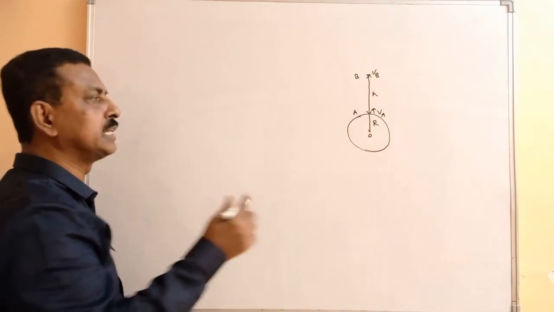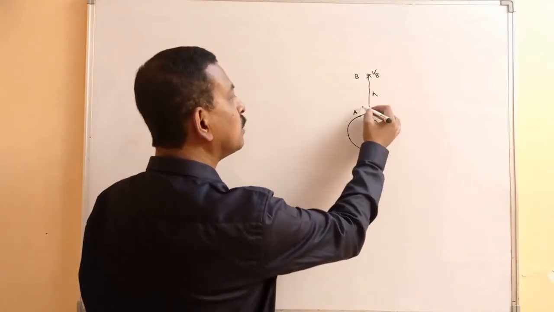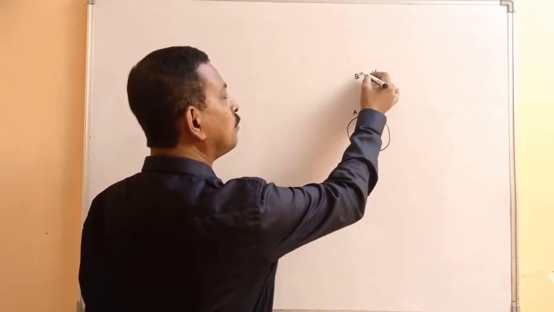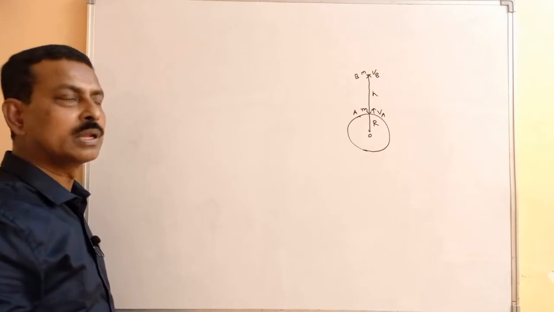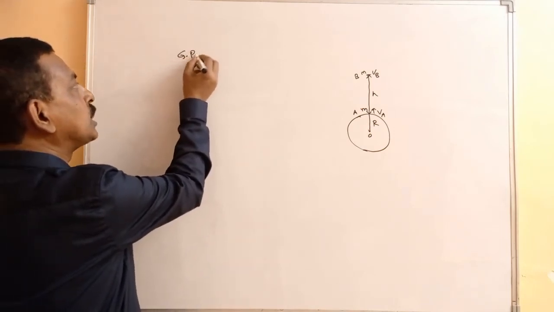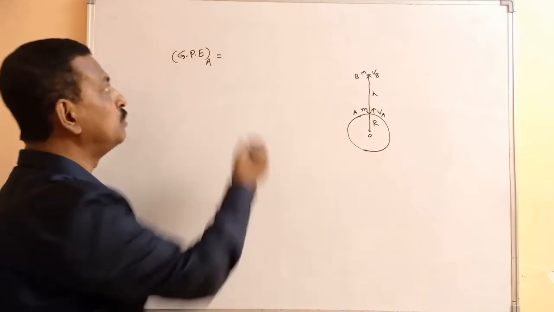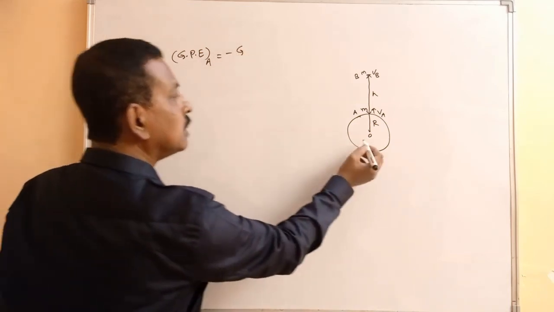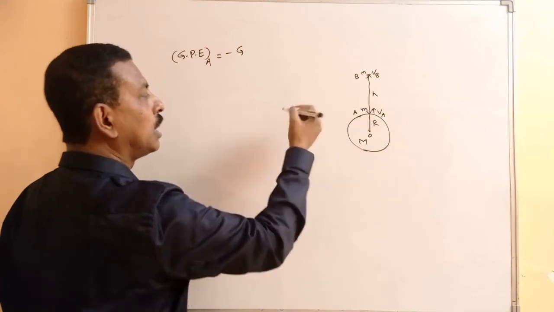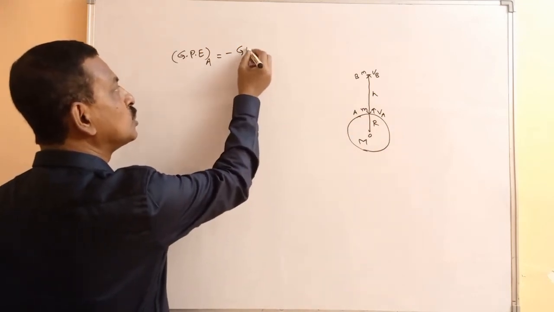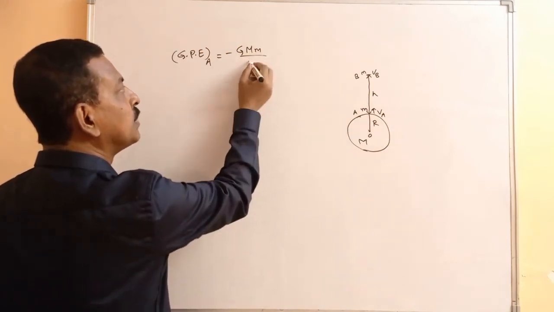So for this case, consider that we have the body of mass m which we have thrown. So gravitational potential energy at point A, how much will it be? If I assume the mass of the earth or heavenly body as capital M, it is minus GMm by r.